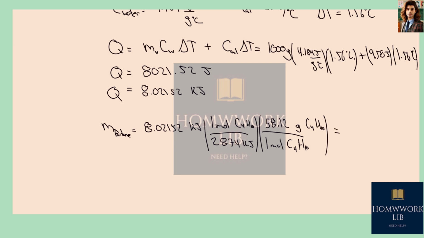Thus, the mass required is going to be 0.1622167 grams of C4H10. So over here, I'm plugging in the value with all the significant figures from my calculator, so you can cut it to the appropriate number required by your professor or the platform that you're employing.